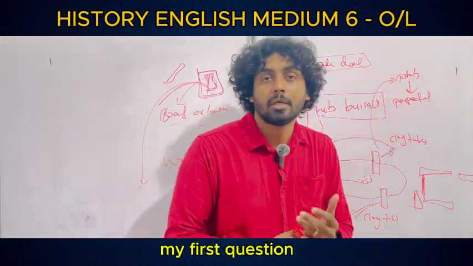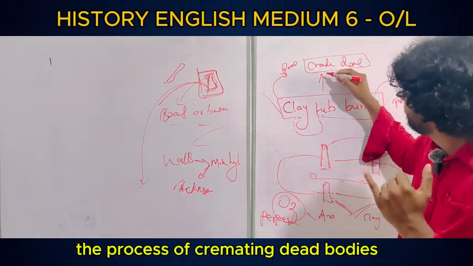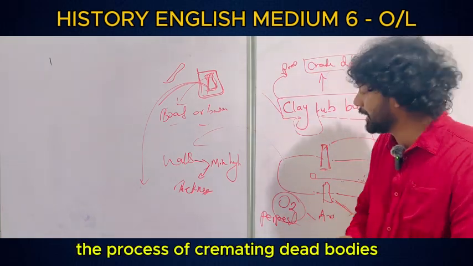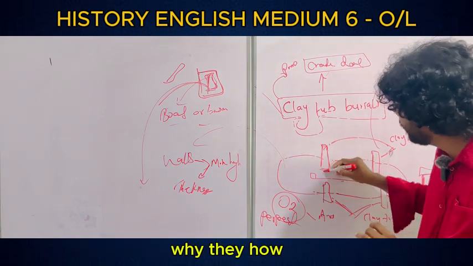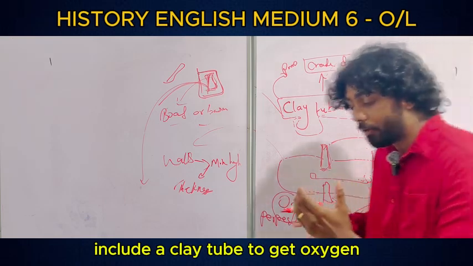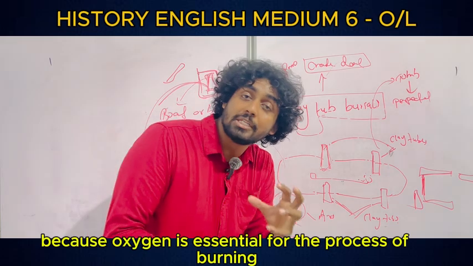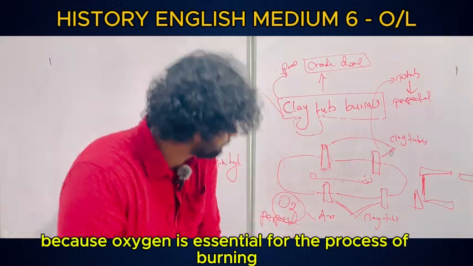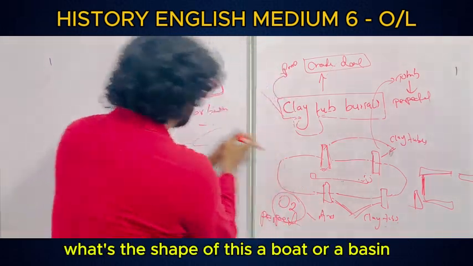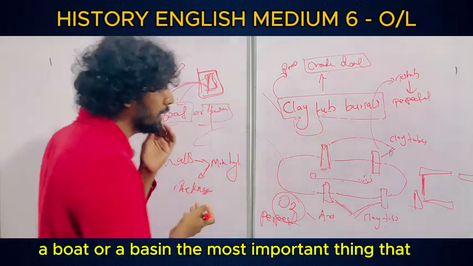My first question: what is the purpose of clay tub burials? The process of cremating dead bodies. Why did they include clay tubes? To get oxygen or air into the clay tub burial, because oxygen is essential for the process of burning. What is the shape? A boat or a basin.